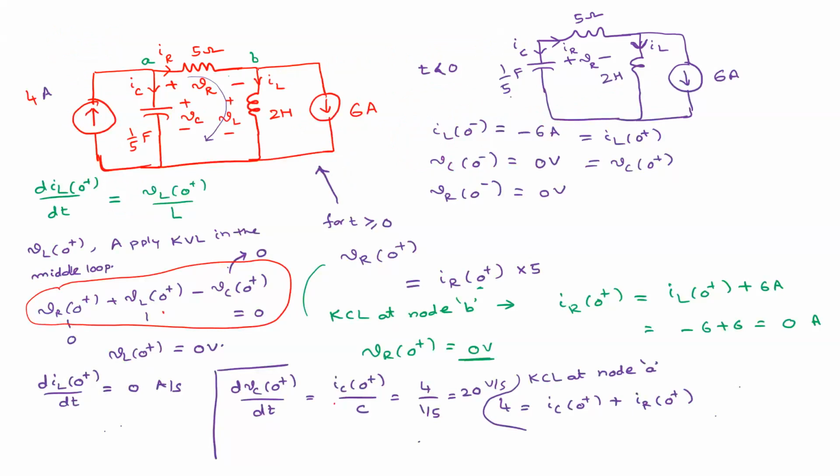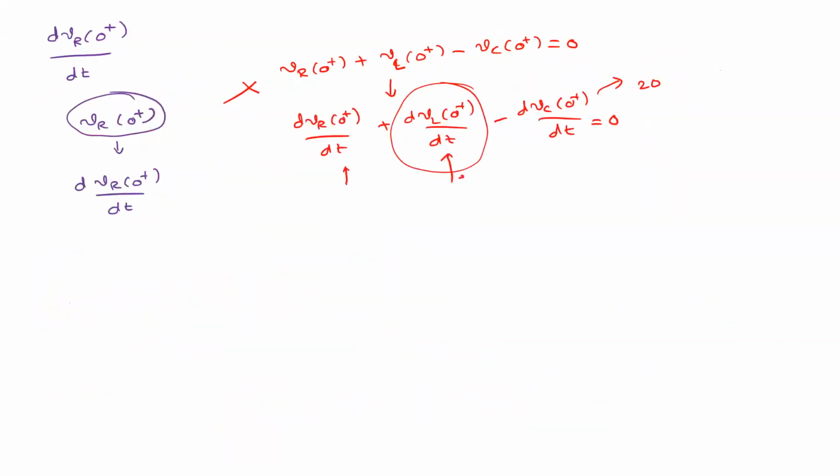So you can also apply KCL at this node, right? So we'll try this one. If you apply KCL at this node, what is the current IR, right? So if you apply KCL at node B, there is another option. So what will you get if you apply KCL at node B? What is the equation?